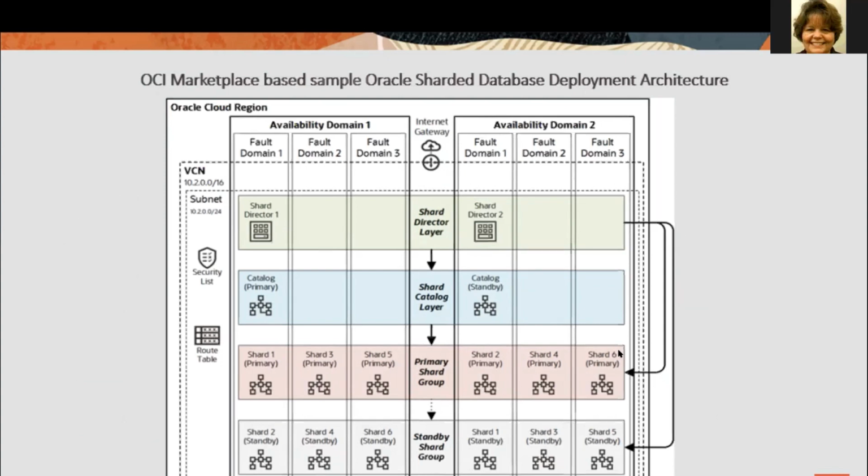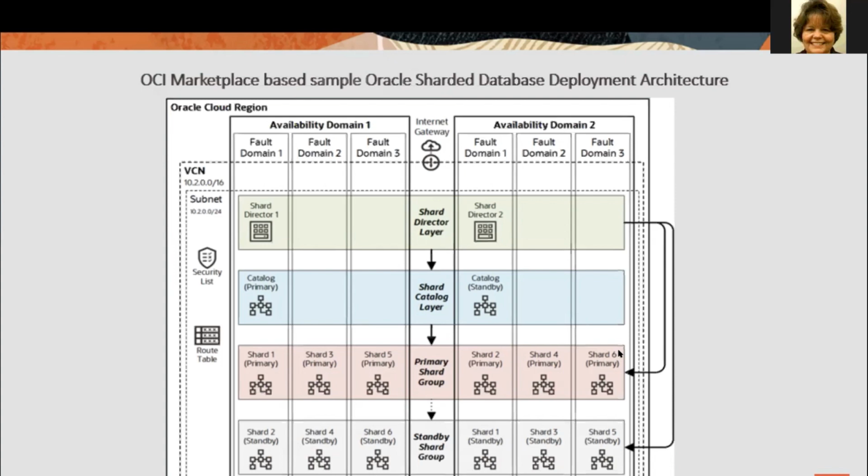As you can see, each layer of components here, be it the Shard director layer, catalog layer, or the shard layer, is spread automatically and uniformly across different ADs within a region, and also across fault domains within each AD. Each layer here is independently scalable, be it the shard director layer or the shard layer.